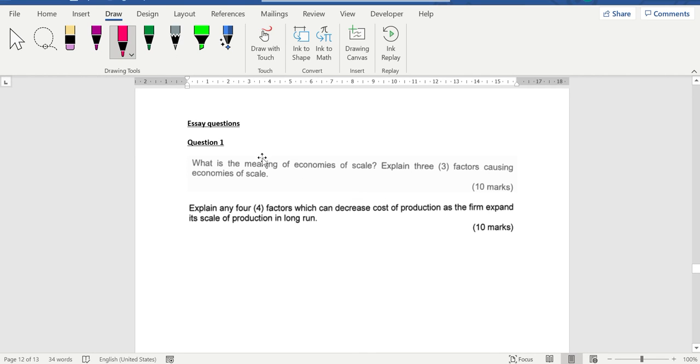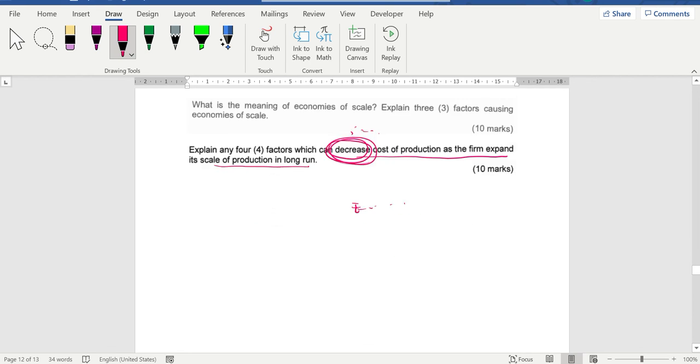Soalan ni nak pasal economies of scale sahaja. So kadang-kadang tu dia pakai tricky macam ni. Explain 4 factors we can decrease the cost of production as a firm expands its scale of production in the long run. Decrease cost of production maksudnya economies of scale lah. Kalau increase cost of production, diseconomies of scale. Just jangan confuse. So basically this question is the same, the way they ask the question is different.